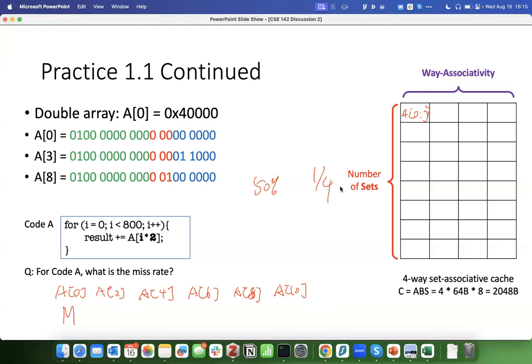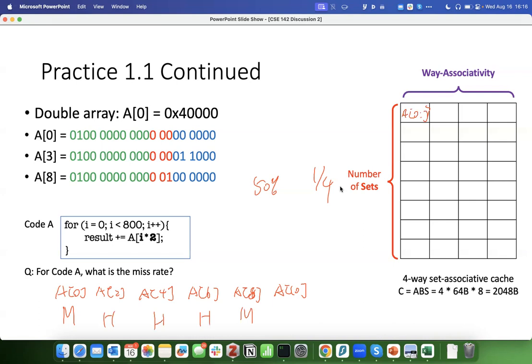And then A2 falls in that range, 2 is between 0 and 7, so this is a hit. 4, also in the same block, is a hit. 6 in the same block is a hit. And when it comes to A8, that is actually the beginning of the next block, so we have a compulsory miss again. In the meantime, I'll bring the block between A8 and A15 to the cache.